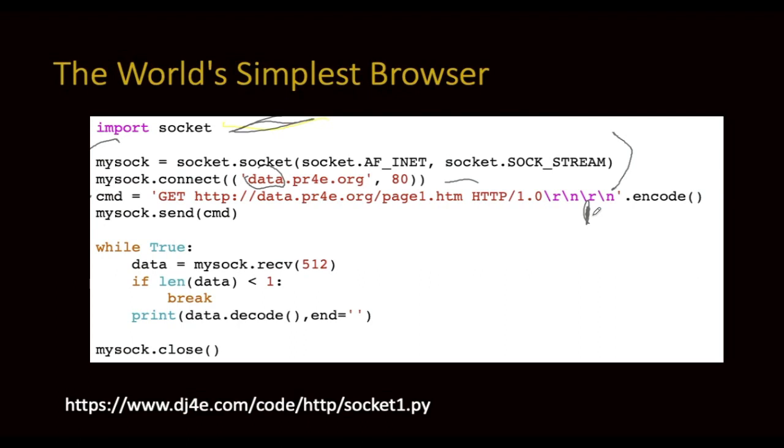We don't send strings across the internet in Unicode in general. It's very rare, but you'd have to control both ends. We want to send them in UTF-8, and so the string GET blah blah blah, that's a Unicode string in Python, and .encode says convert this into a UTF-8 string, and so cmd is a variable that has a UTF-8 string in it.